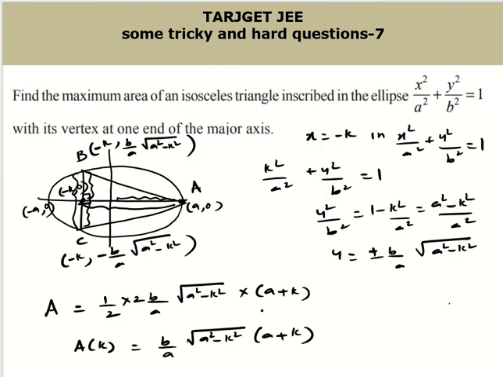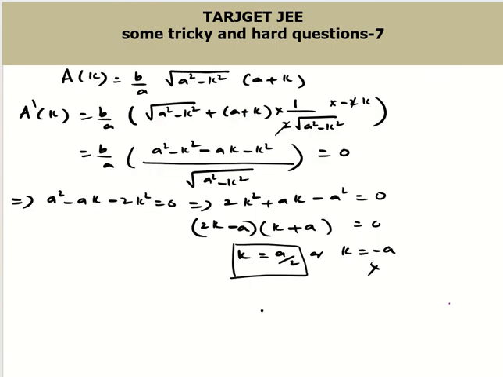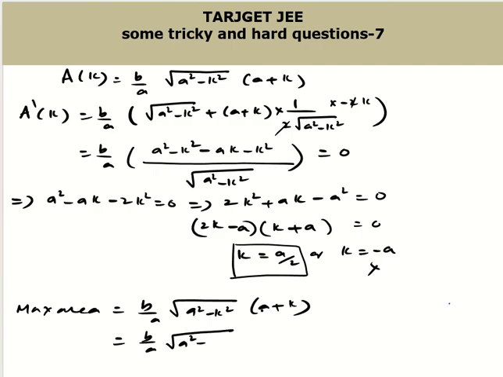Now the question is, what is the maximum area? The maximum area is going to be b by a into root of a square minus k square into a plus k. If I substitute k is equal to a by 2, it becomes b by a root of a square minus a square by 4 into a plus a by 2.